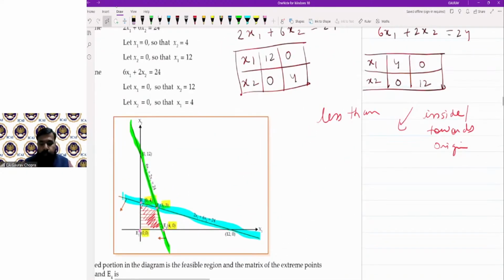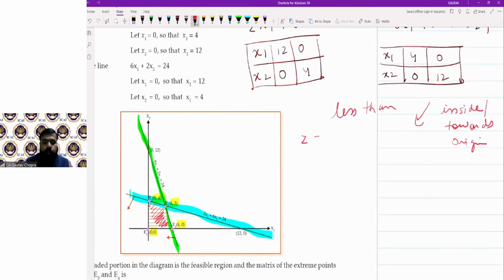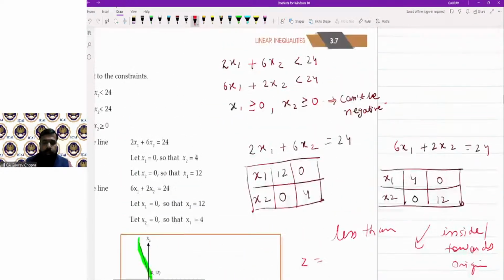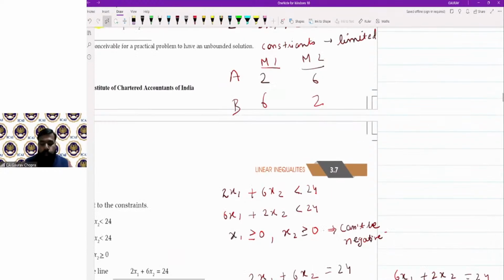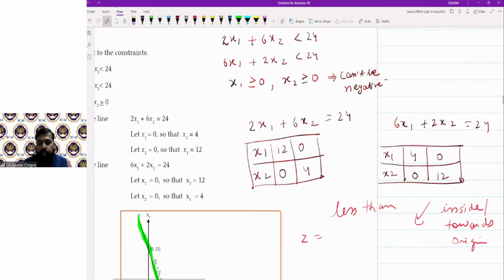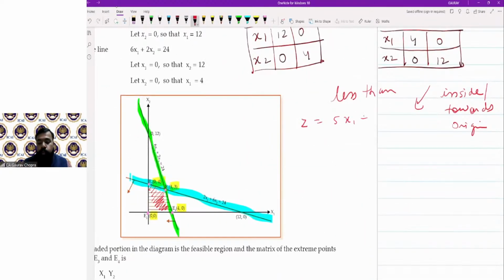Objective function क्या था? Z is equal to 5x1 plus 2x2. So one by one we can put the values. First of all हमने put किया 0, 0. So 5 into 0, 2 into 0, it becomes 0. Second value put किया 4, 0.